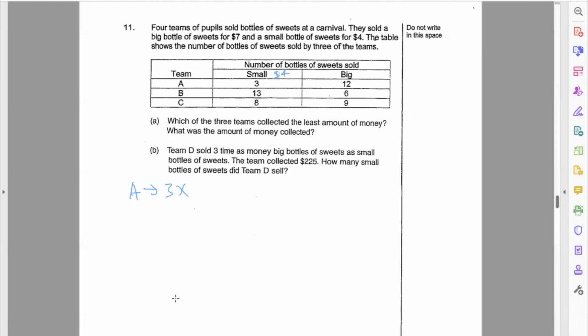The value of a big bottle is $7. So 3 times 4 plus 12 times 7.